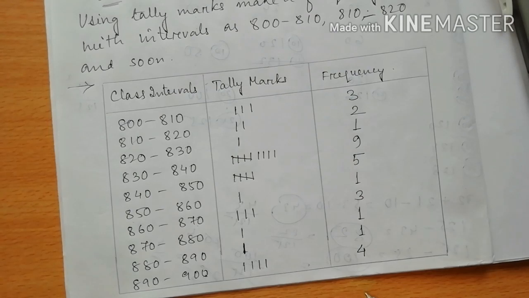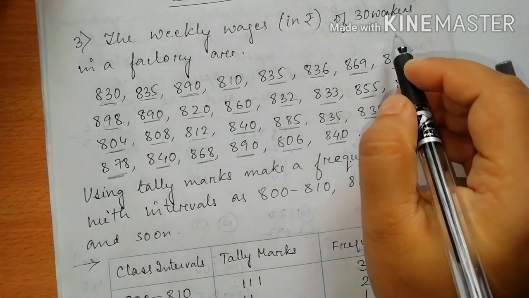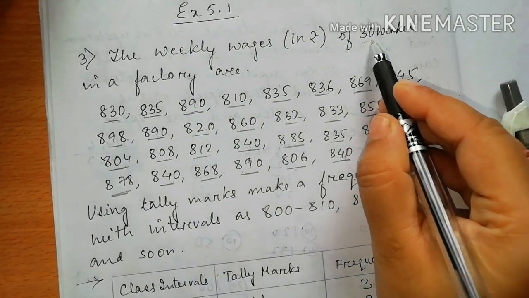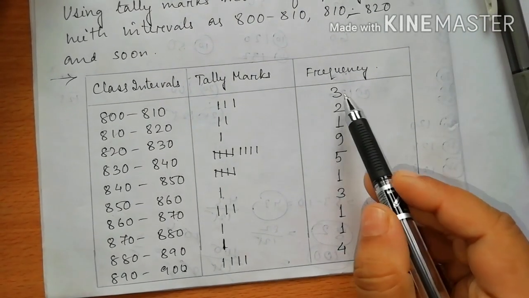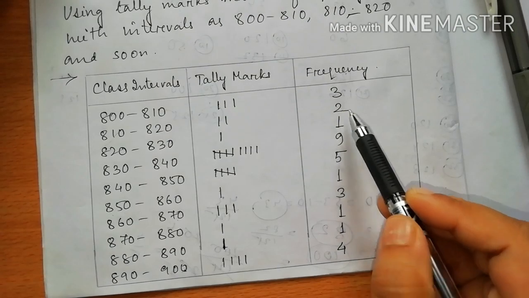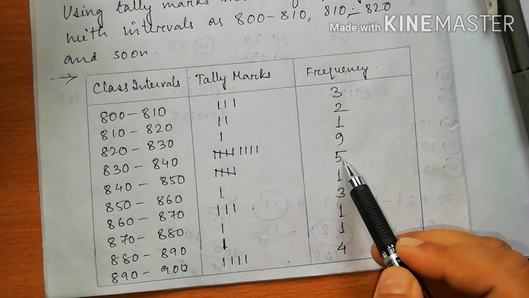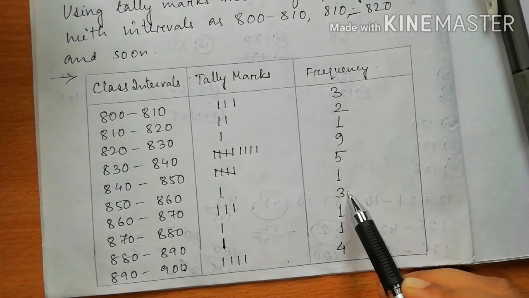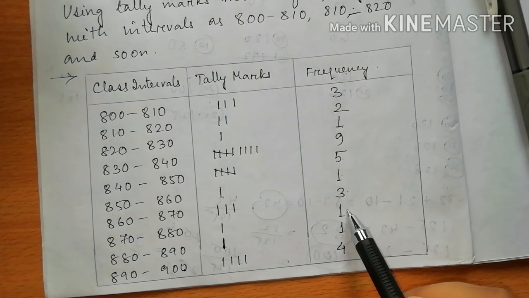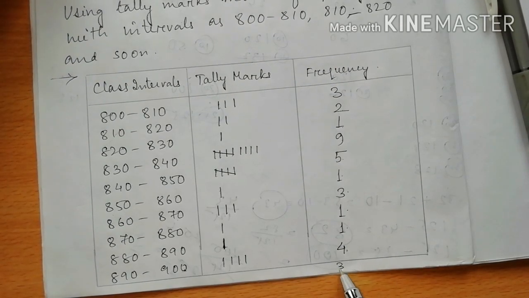So let us count now. As it was given in the question, there are 30 workers. So the frequency in total should be 30. 3 plus 2, 5. 5 plus 1, 6. 6 plus 9, 15. 15 plus 5, 20. 20 plus 1, 21. 21 plus 3, 24. 24 plus 1, 25. 25 plus 1, 26. 26 plus 4, yes, 30 is the frequency.